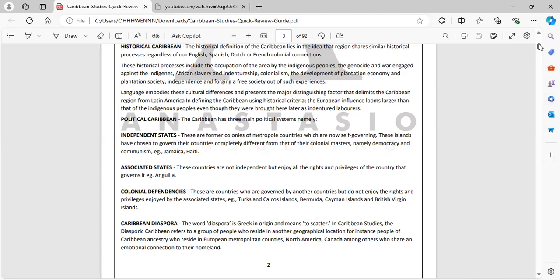We know the Morant Bay Rebellion and the Sam Sharpe Rebellion. Other countries went through the same things just to get their independence, just to be an independent nation.